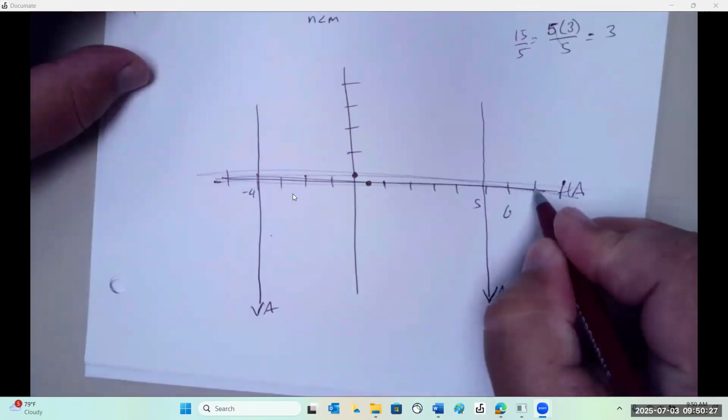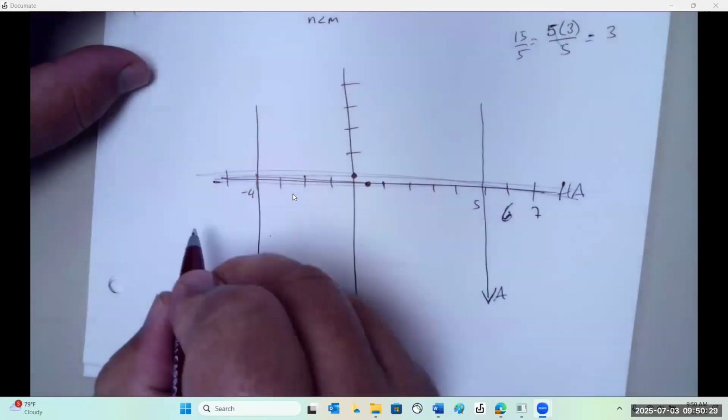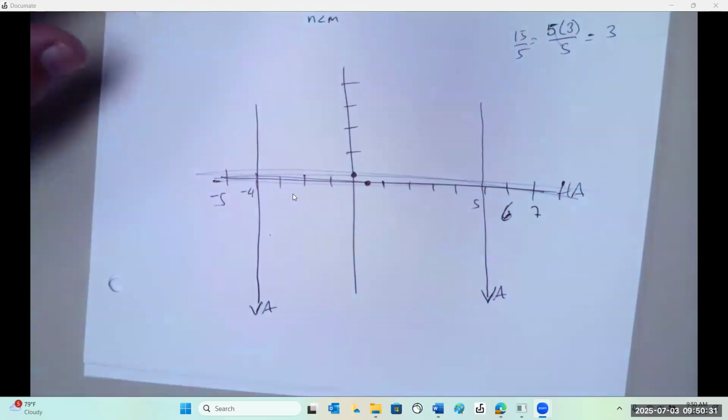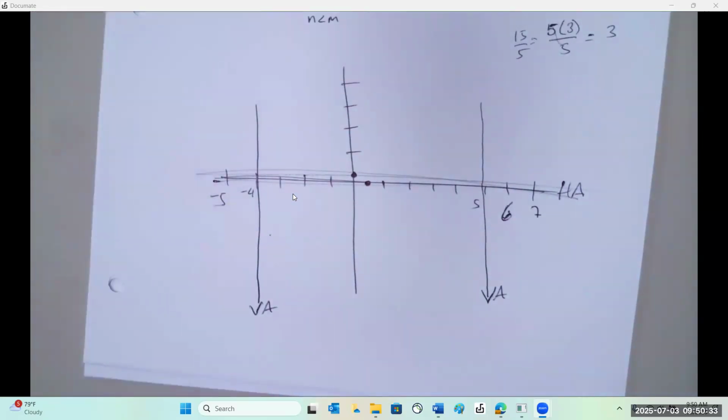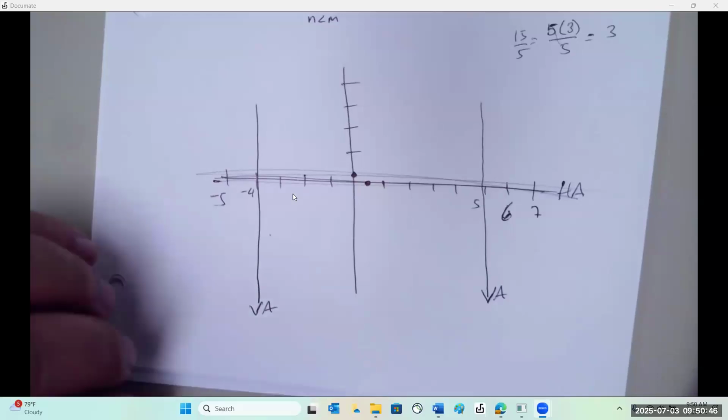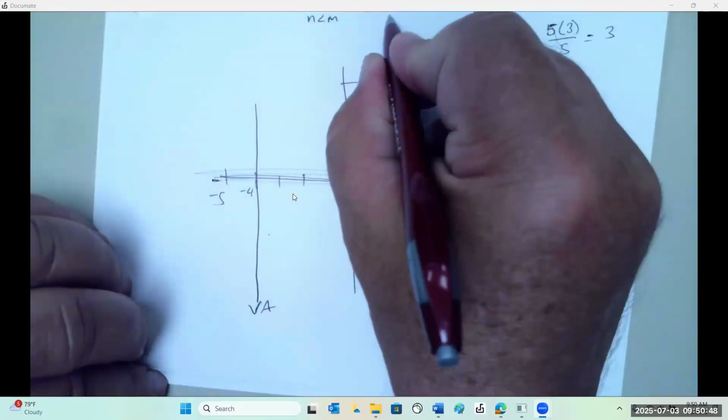So here's that 6, 7, that -5. So now we have to graph our picture. How do we graph our picture? Our function, remember, is this.